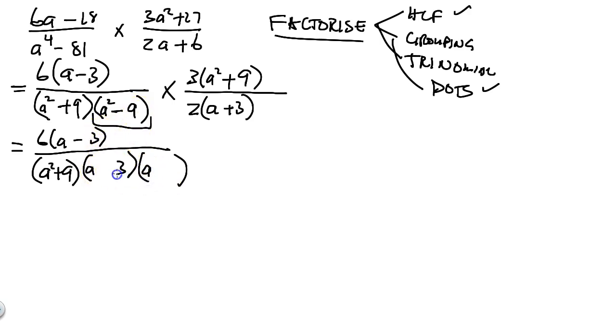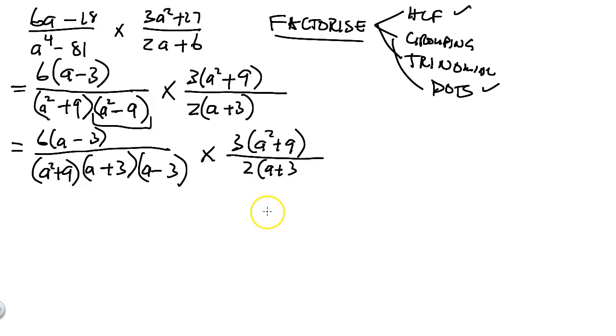The square root of 9 is 3 and 3, plus and minus. So that's a difference of two squares again. Times 3 into a squared plus 9. Remember, a squared plus 9 we can't factorize any further because it's not a perfect square minus a perfect square. Over 2 into a plus 3.